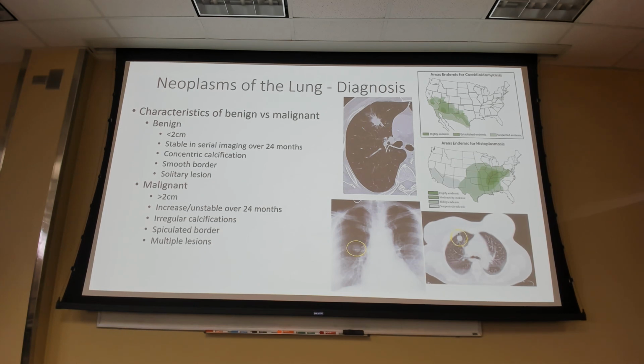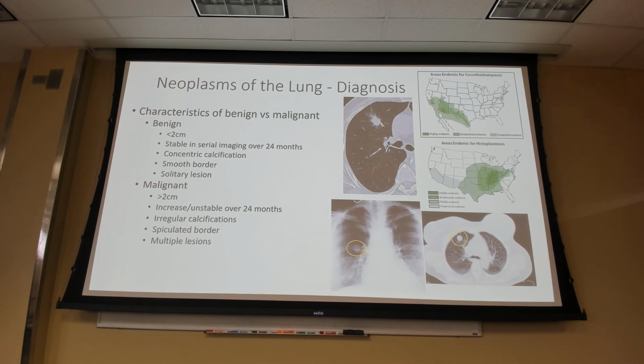And we just want to make sure there's concentric calcification, they have a smooth border, it's a solitary lesion, there's no spiculation in there. If they're over 2 centimeters and we see any of those abnormal findings, like it's increasing or unstable in size, you have that spiculated border, multiple lesions, or irregular calcifications, then we're more concerned for malignancy and we'll want to do a further evaluation, and that's typically CT scan and then possibly some sort of biopsy for further evaluation.